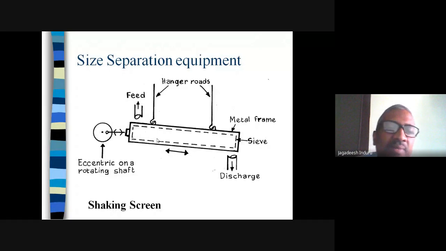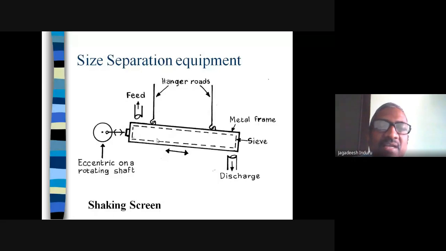Generally, our pharmaceutical industry uses SS, that is stainless steel, because it is a smooth surface and easily cleanable, rusting free, and we can wash it. And stainless steel screens are used. Now, these hanging rods have different lengths, and that is the reason they produce a slanting effect.